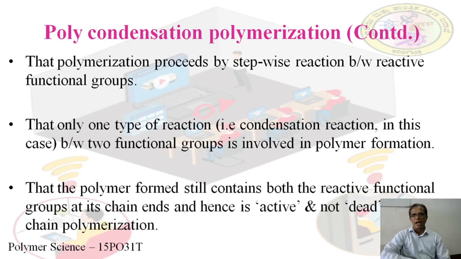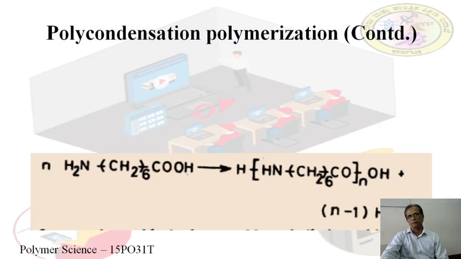The polymer formed will have functional groups at both ends. Hence, this product will always be in the active form and it is not dead, as we could see in chain polymerization.